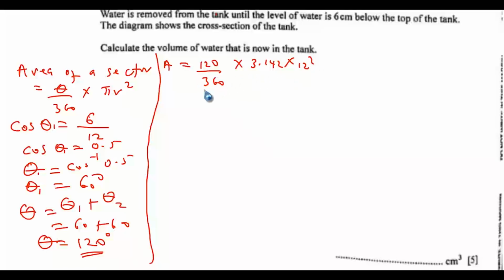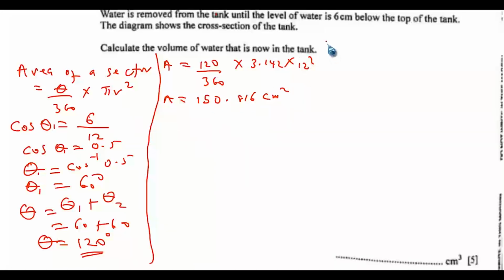There's no point wasting time. You can input the whole of this into a calculator, and the area of the sector should be 150.816 centimeter squared.